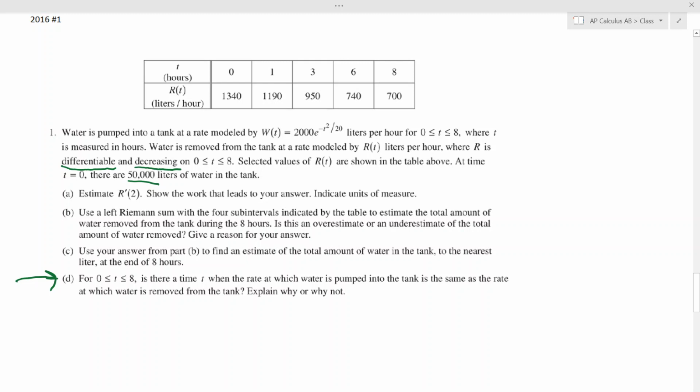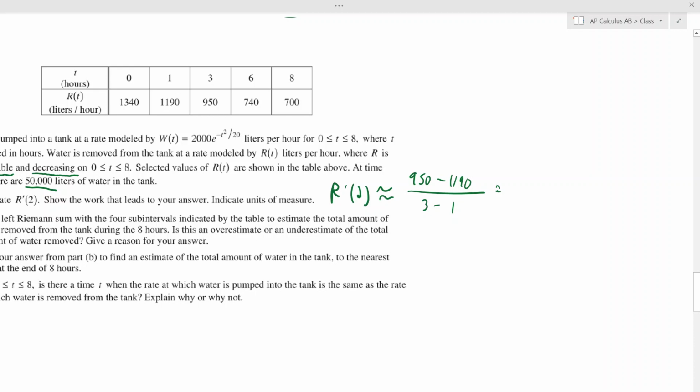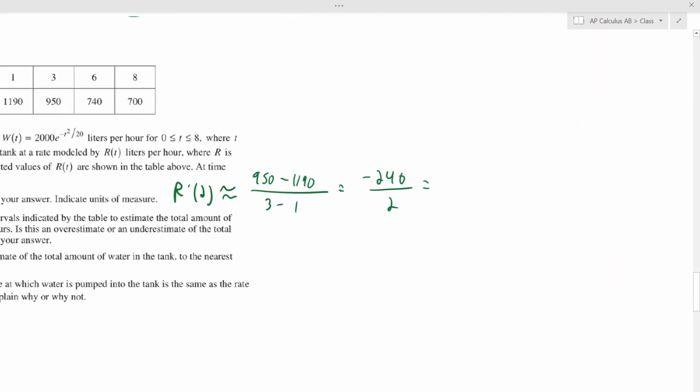So estimate R prime of 2. We've seen this several times. R prime of 2 is going to approximately be the average rate of change where 2 lies, so between 1 and 3. So that is 950 minus 1190 over 3 minus 1. 950 minus 1190 is negative 240, over 2, which makes this negative 120.